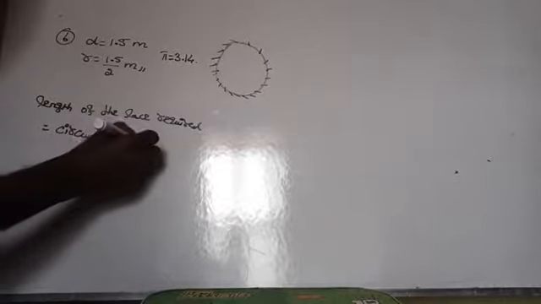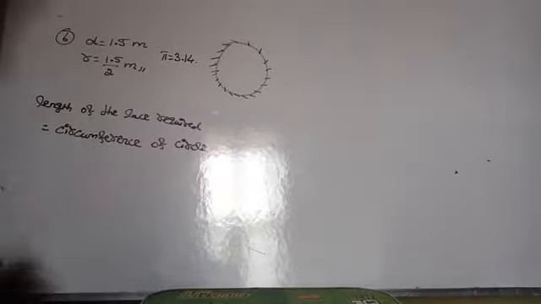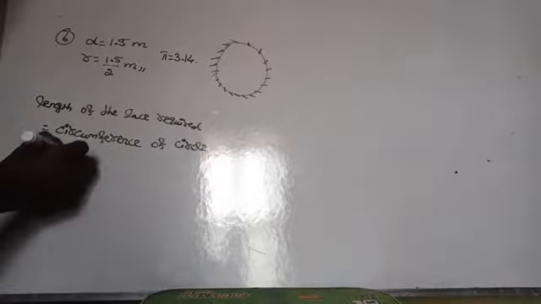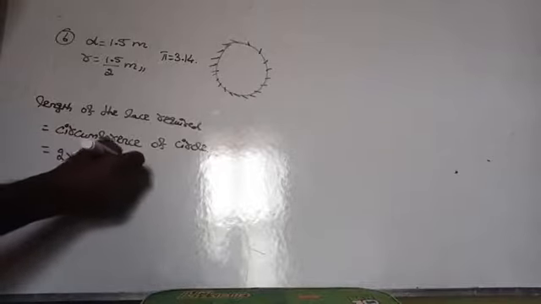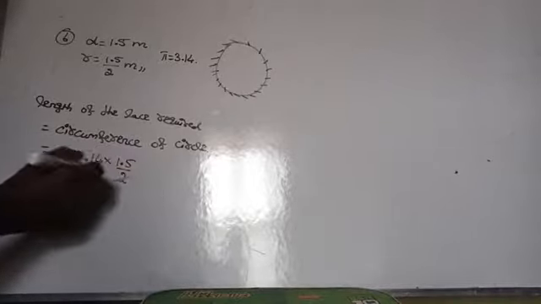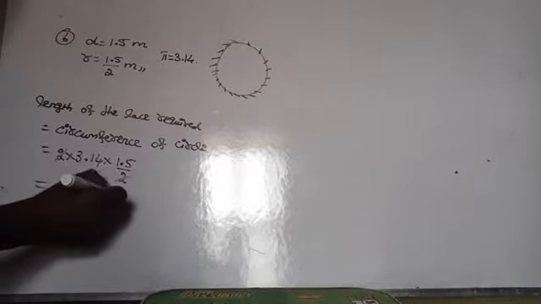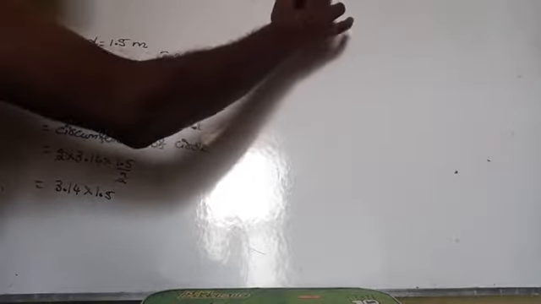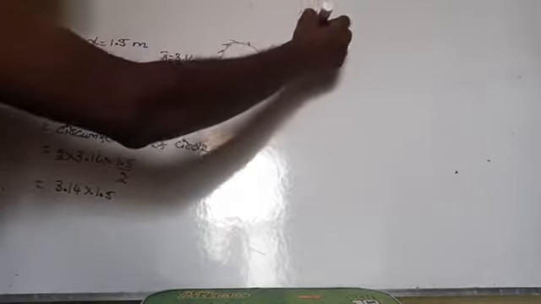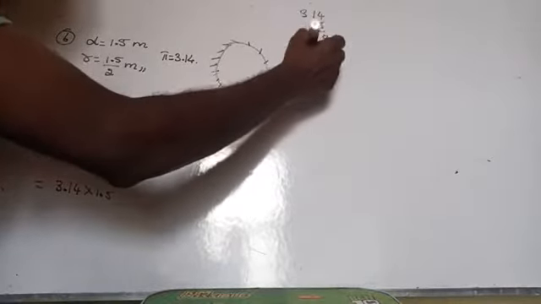What is the circumference of a circle formula? 2 pi r. That is 2 into the value of pi, they asked us to take 3.14, and then radius is 1.5 by 2 meter. 2 you can cancel now. So 3.14 into 1.5, that is 4 5s are 20, 2 7 1 5 4 1 3 0 11 7 4.